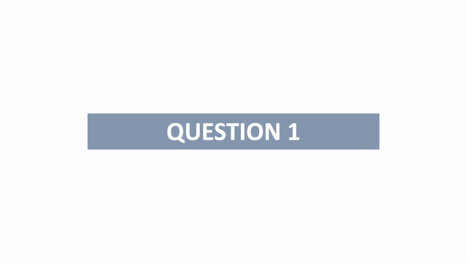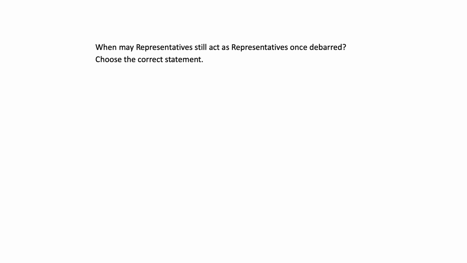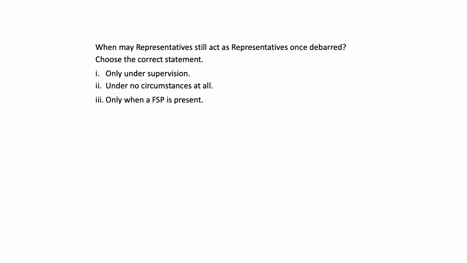Question 1. When may representatives still act as representatives once debarred? Choose the correct statement. 1. Only under supervision. 2. Under no circumstances at all. 3. Only when a FSP is present.